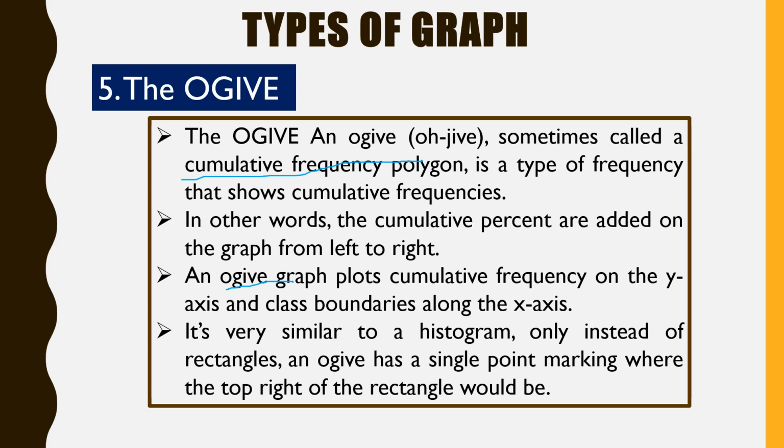It's very similar to a histogram, only instead of rectangles, an ogive has a single point marking where the top right of the rectangle would be. So an ogive is similar to a histogram. The only difference is that the histogram uses rectangles, and the ogive uses points.